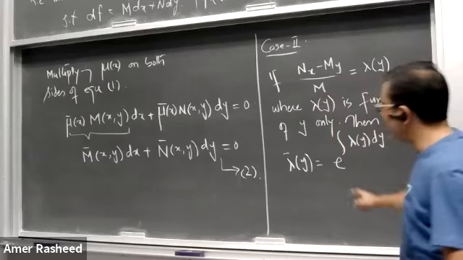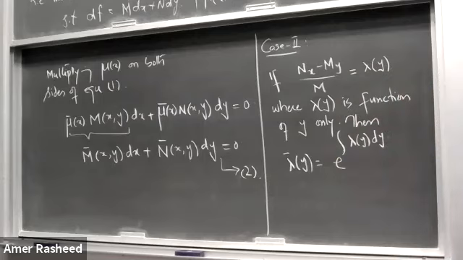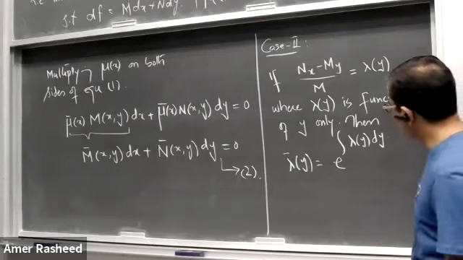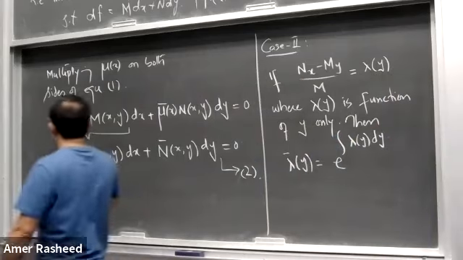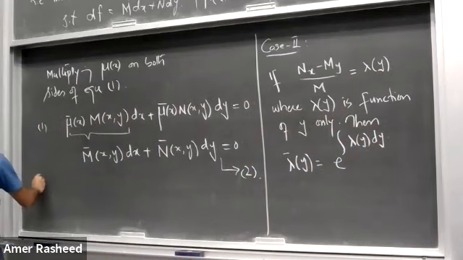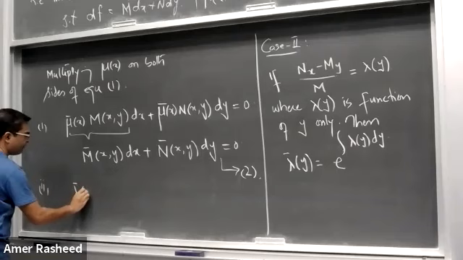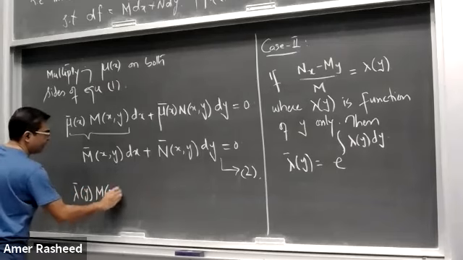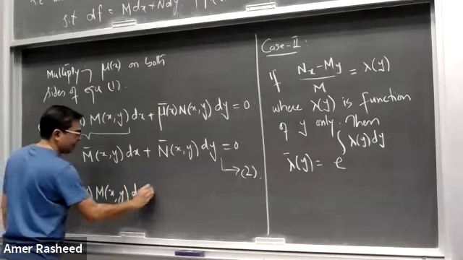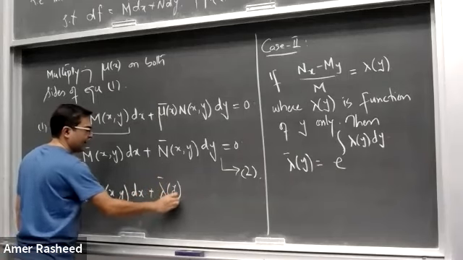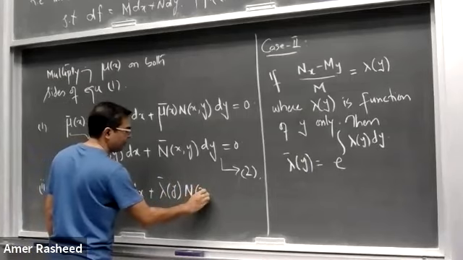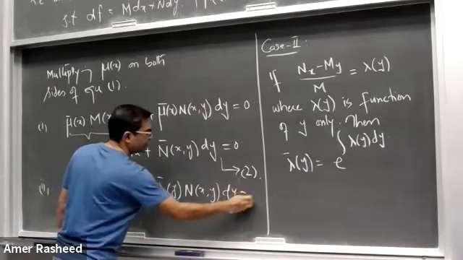Then after getting the integrating factor, you multiply the original equation with the integrating factor. This integrating factor will convert the original differential equation into an exact differential equation. So in case one, and similarly in case two, lambda bar of y M of x y dx plus lambda bar of y N of x y dy is equal to 0.